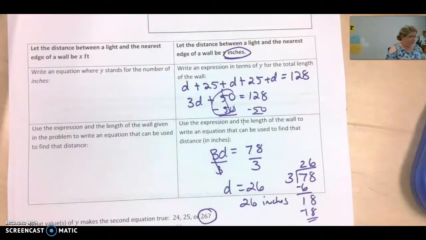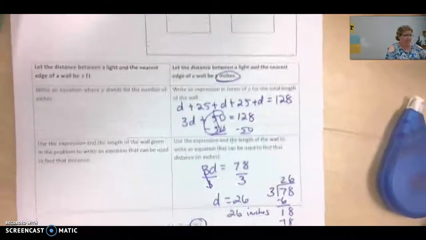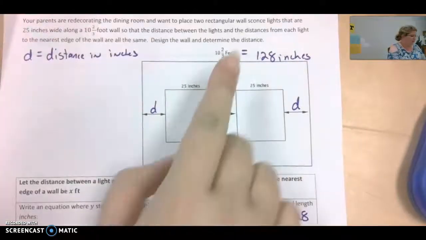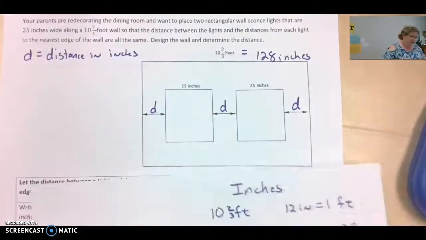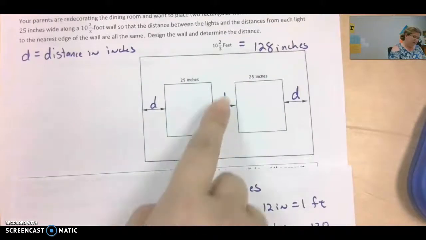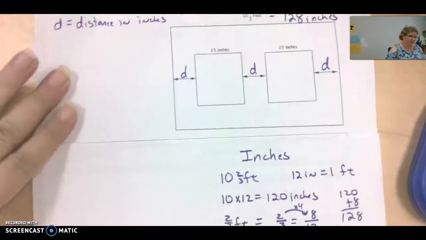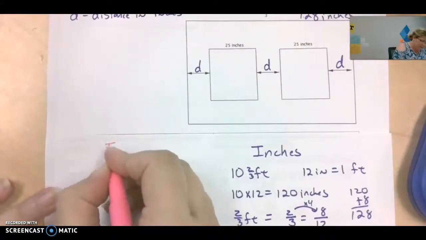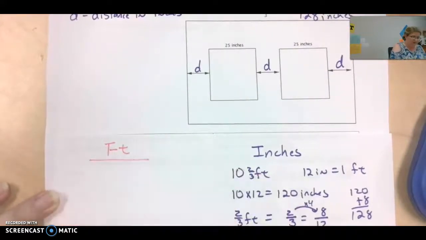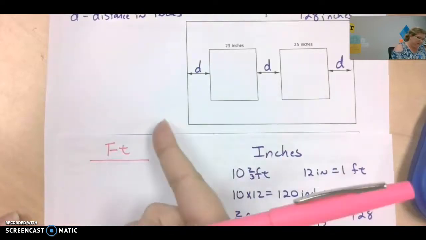So we have completed that one way, but because the information was given in two different ways, now we're going to do some conversion to change the inches into feet. This is just a little extra work to show that conversion.